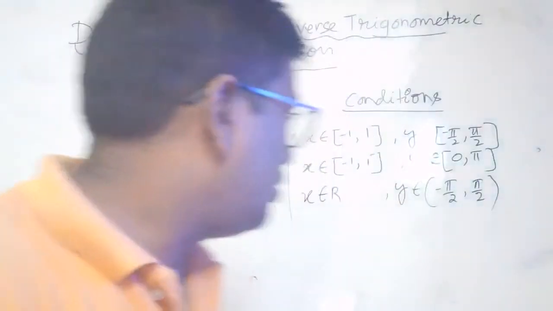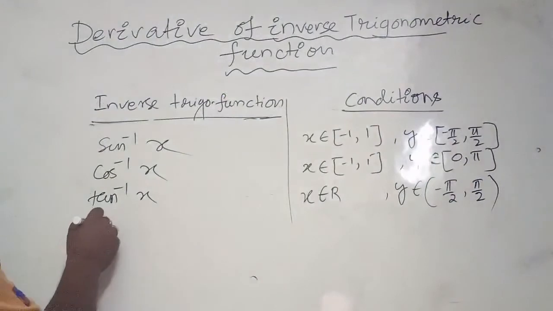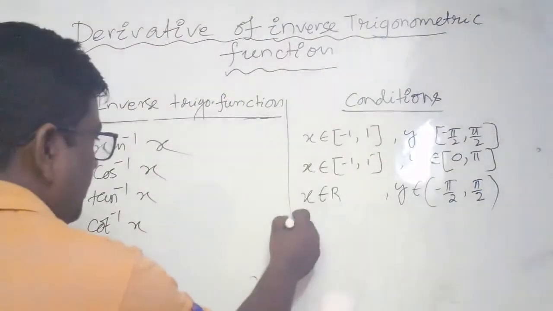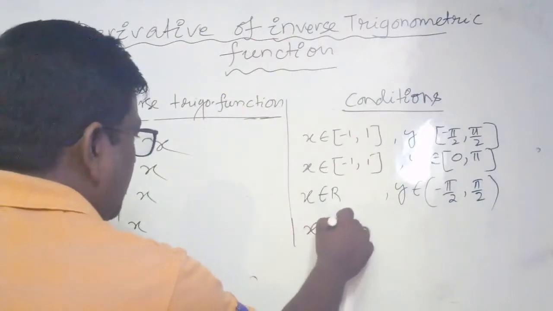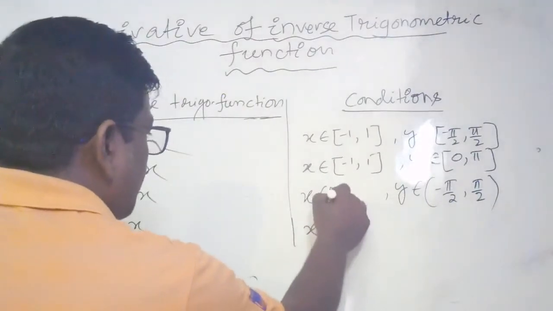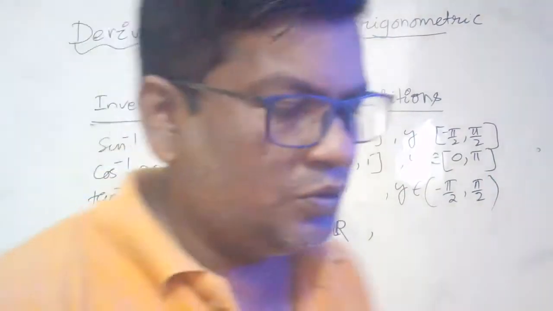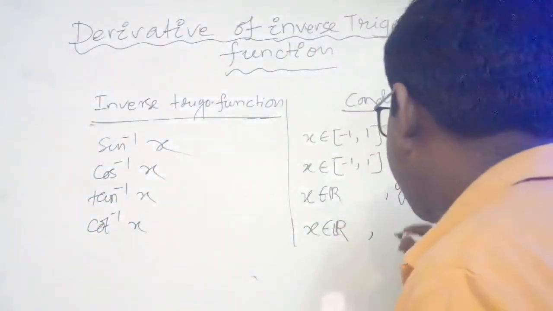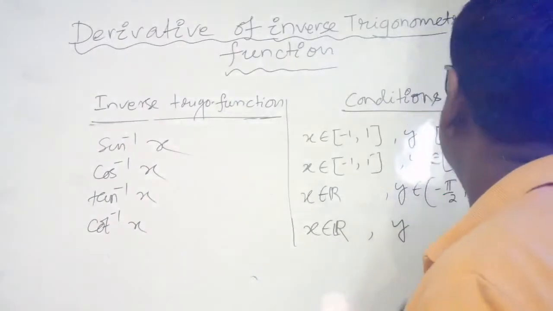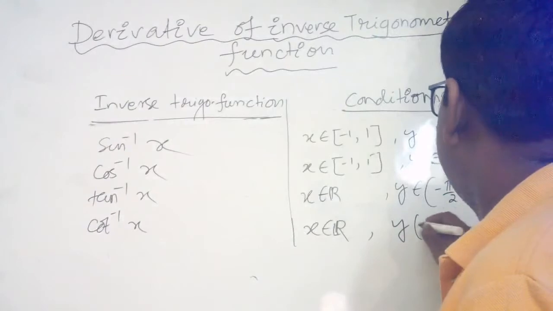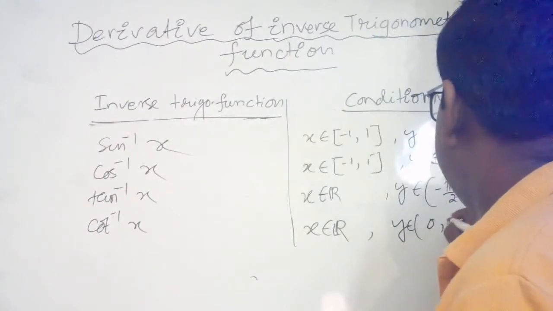And this is called cot inverse x. Cot inverse x, same thing, x belongs to any real number, and y belongs to 0 to pi.